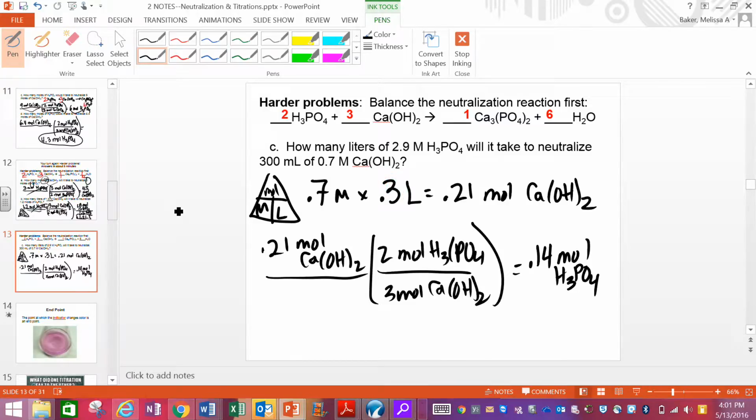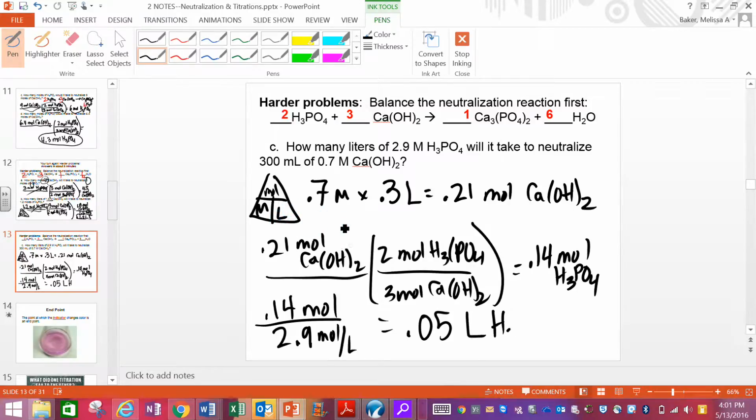Now, remember from the last question, moles divided by molarity gives you liters. 0.14 moles divided by its molarity, 2.9 moles per liter. We would need 0.05 liters of H3PO4 to neutralize that calcium hydroxide. Okay?